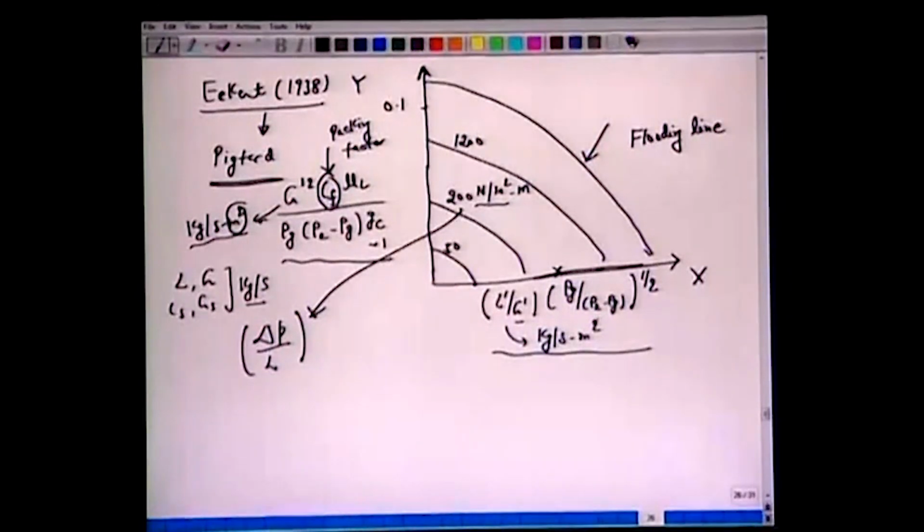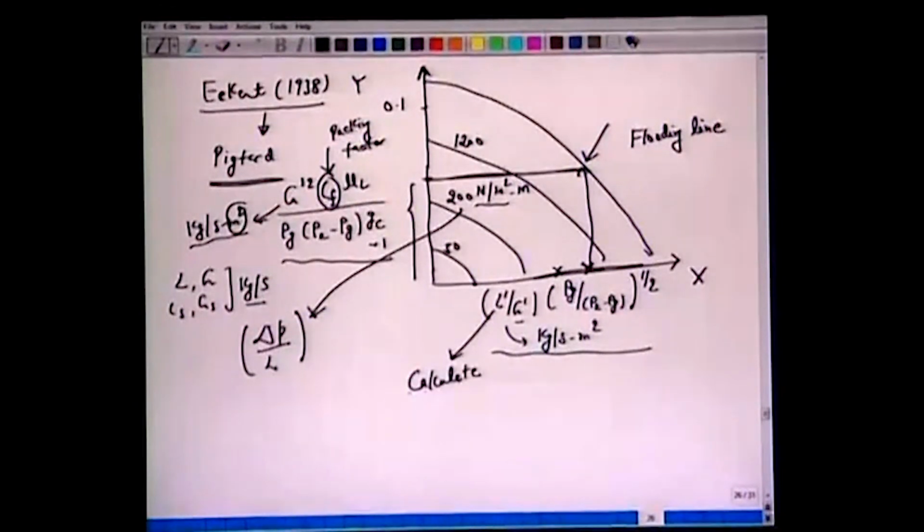All right, so whenever you do this analysis, suppose we fix G prime, which means we have fixed the gas flow rate, and we increase this, we have the flooding line here. So for a given y ordinate, we have a fixed x here from which we can calculate L prime.